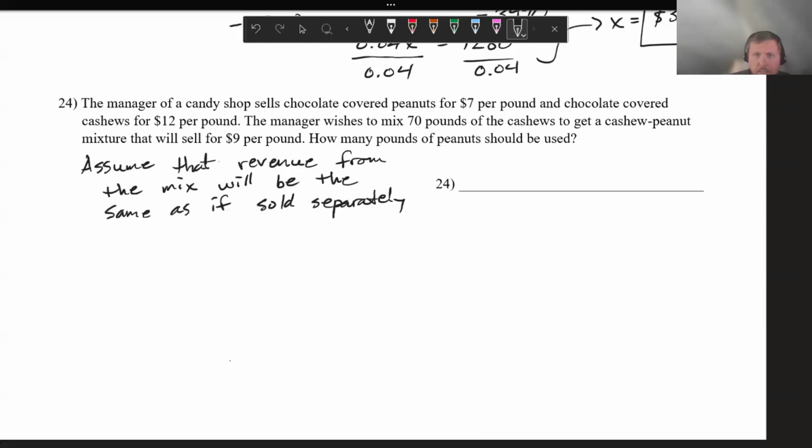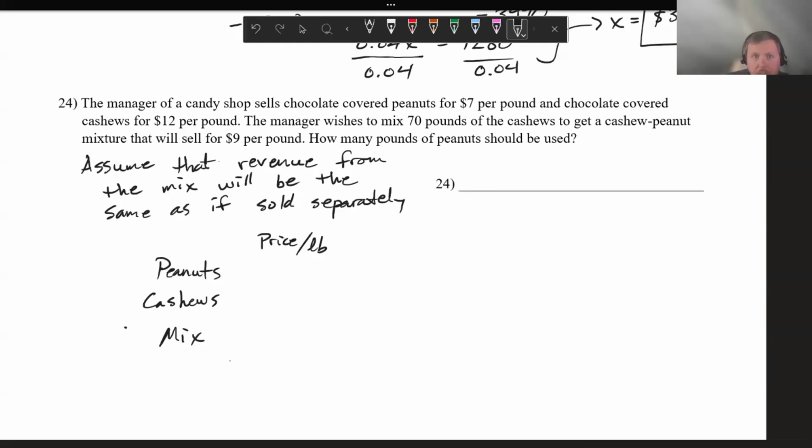So we have peanuts and cashews. They're chocolate covered. I'll just keep track of them this way, and then the mix. So we have the price per pound.